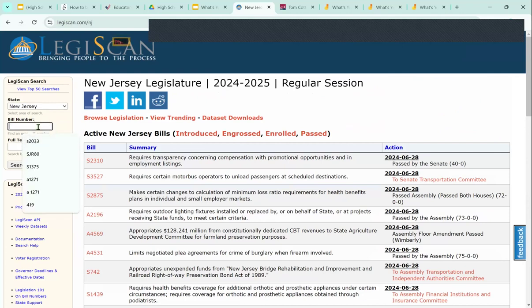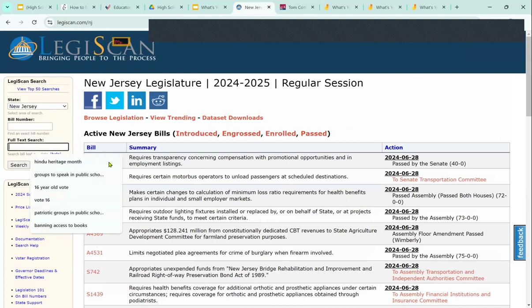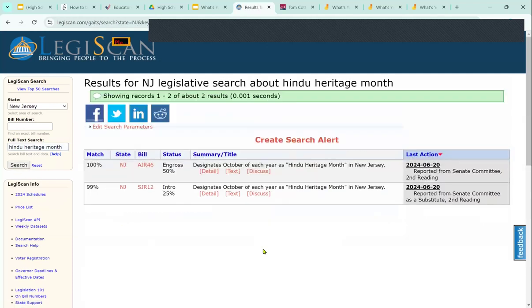So you can use the bill number or you can do the full text. One of the things our kids are working on right now is they want to have a month like Hindu Heritage Month. So I'm going to put that text in there, hit search, and up come the bills that are currently being considered. Right? Once you know that, then you can find out who's the support for that.